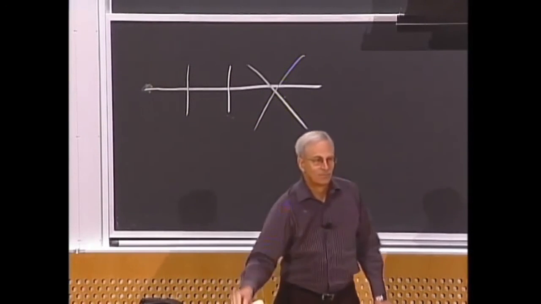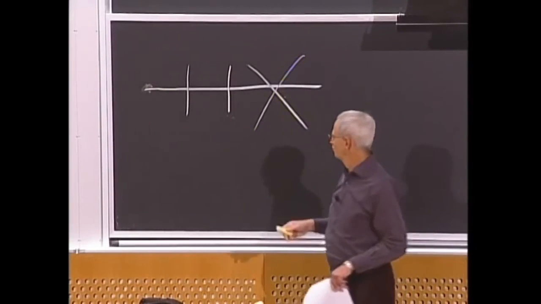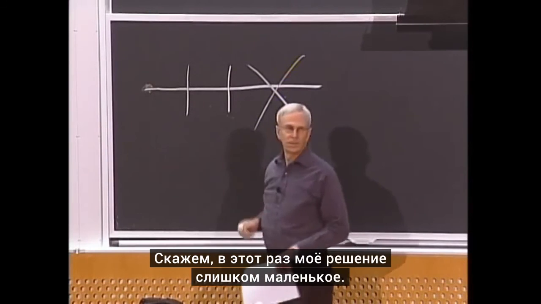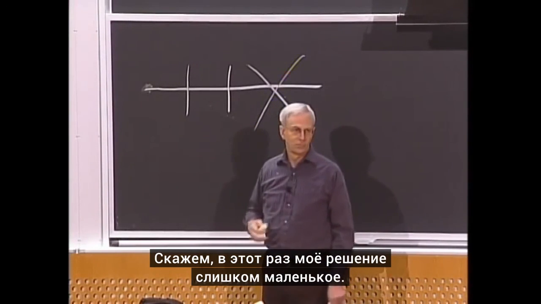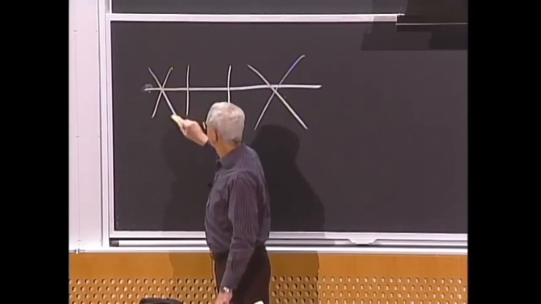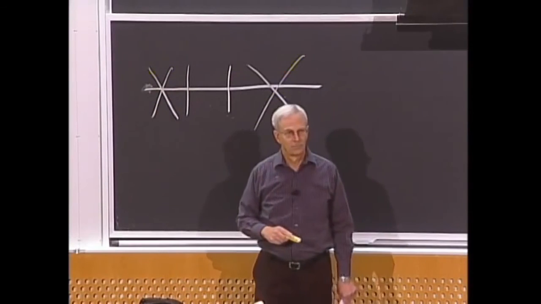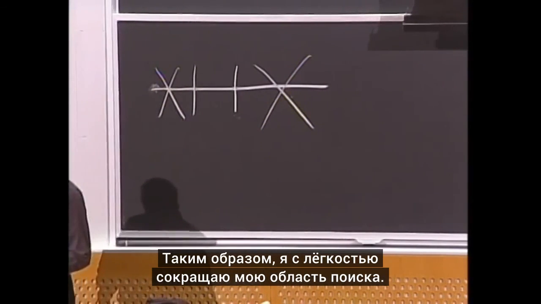Exactly. And now you'll note, let's say this time my answer is too small. Then I know I can get rid of this. So now I'm very quickly pruning my search space.